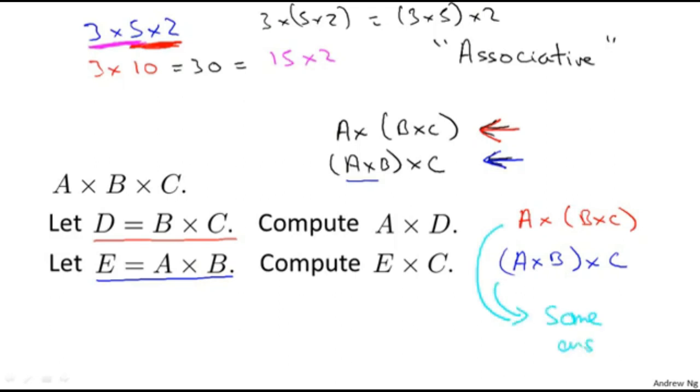And so we say that matrix multiplication does enjoy the associative property. Okay? And don't worry about the terminology associative and commutative. That's what it's called, but I'm not really going to use this terminology later in this class, so don't worry about memorizing those terms.